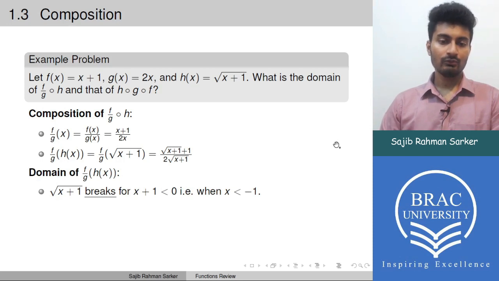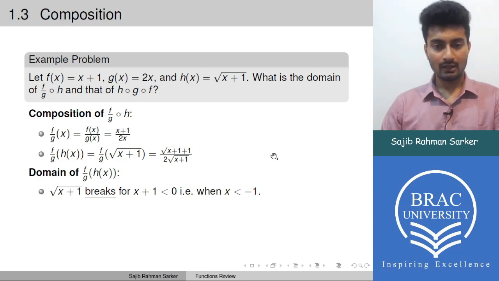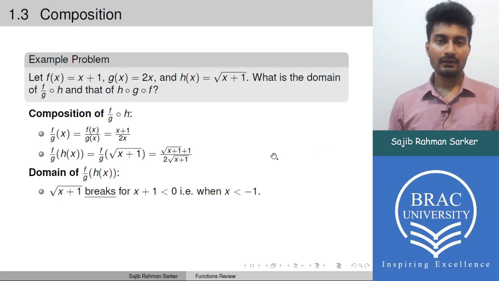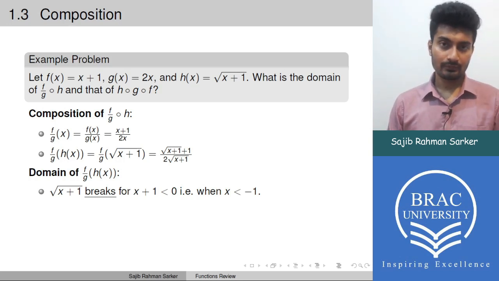Now, we want to find out the domain. But to find out the domain, the important question you should be asking is what can go in without breaking the function? Now, square root breaks when there is a negative inside of it. We have a square root in this function. So we cannot have any negative value inside this square root.